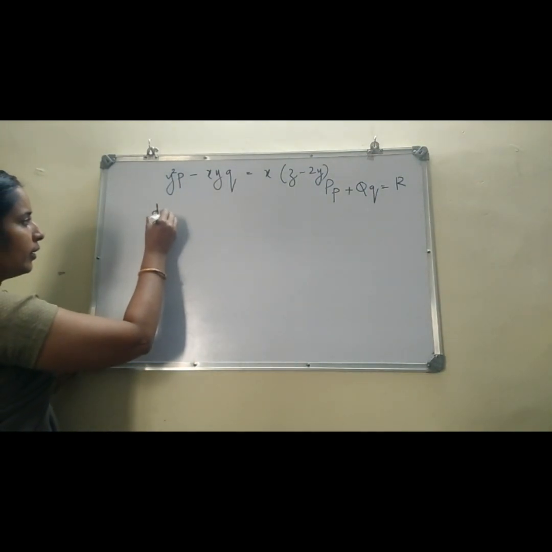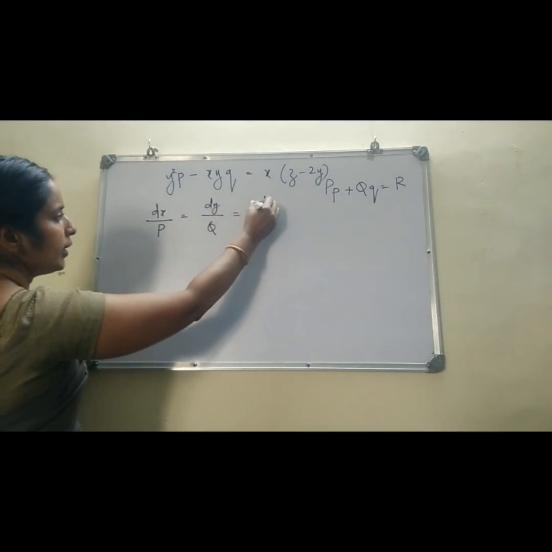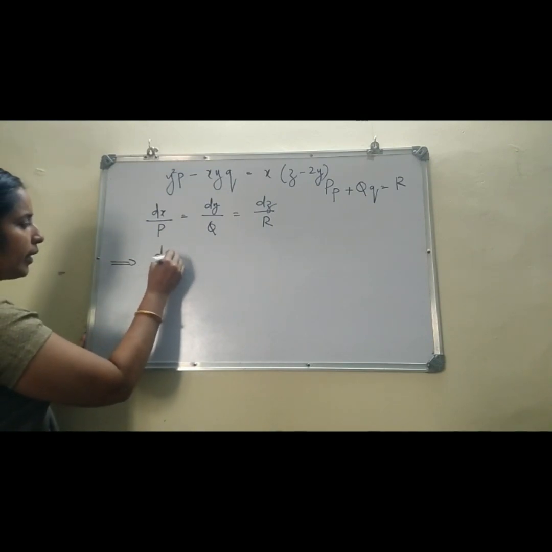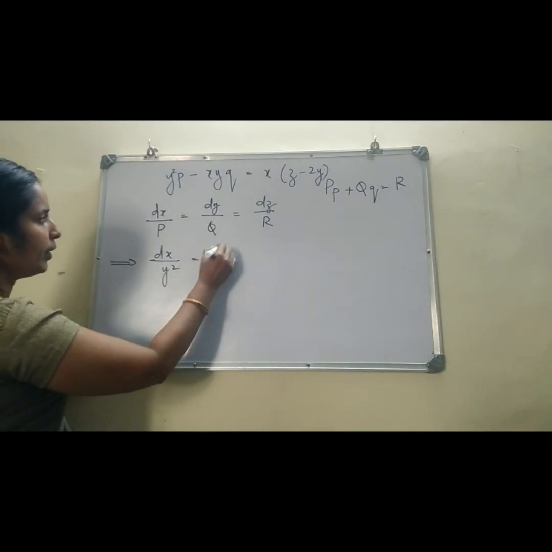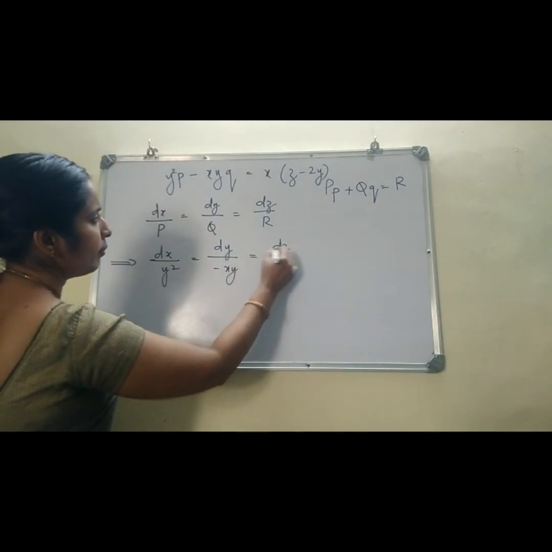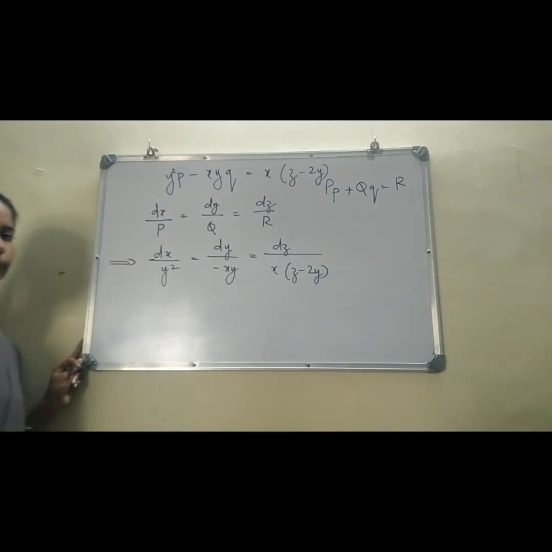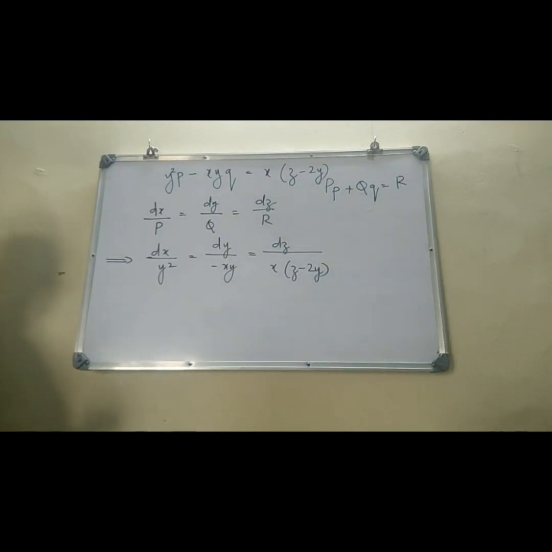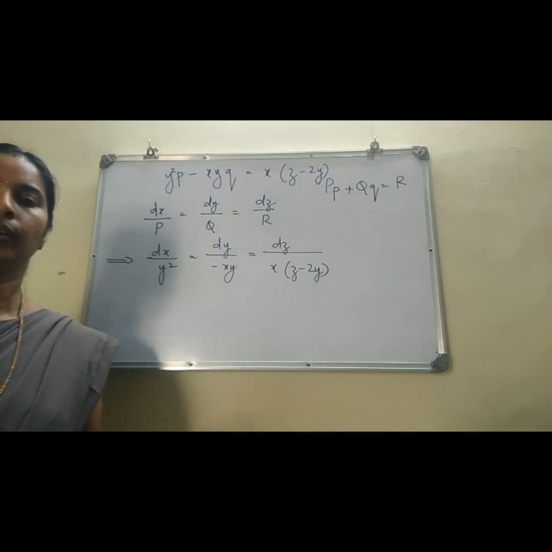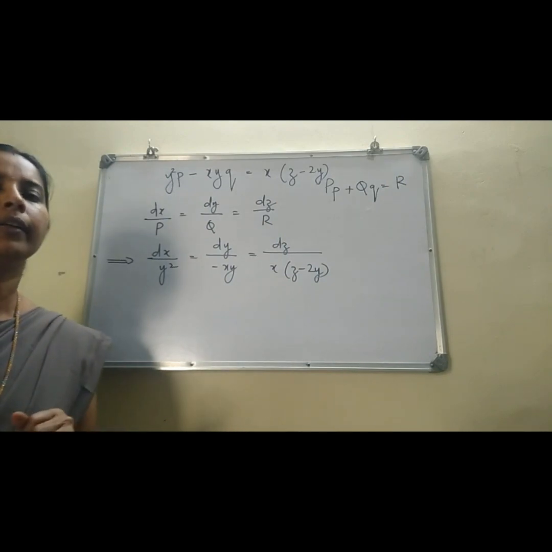The auxiliary equation is dx by P is equal to dy by Q is equal to dz by R. That is dx by y square is equal to dy by minus xy is equal to dz by x into z minus 2y. Next we have to write two solutions of this auxiliary equation. For that you take suitable differential equations.